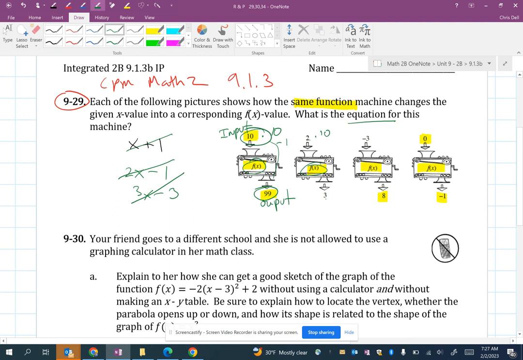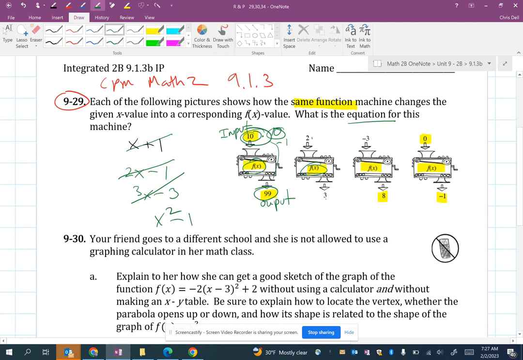But if I multiply 2 times 10 and subtract 1, I'm not going to get to the 3. So I think, what other operation do you do to the x to get there? 10 times 10 is the same thing as x squared. So let's test that. Maybe it's not linear, maybe it's quadratic. So if I square that, and then subtract 1.